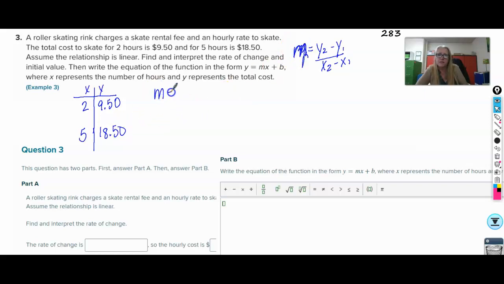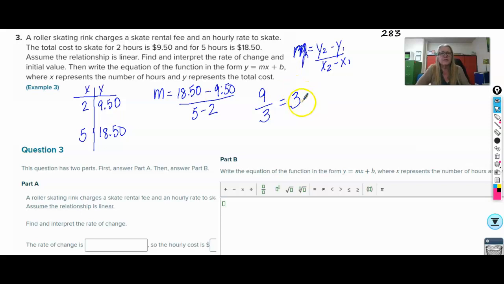The slope of this line would be second y, 18.50, minus the first y, 9.50, over second x, 5, minus the first x, 2. Well, 18.50 minus 9.50 is $9. And 5 minus 2 is 3. So the slope is 3.